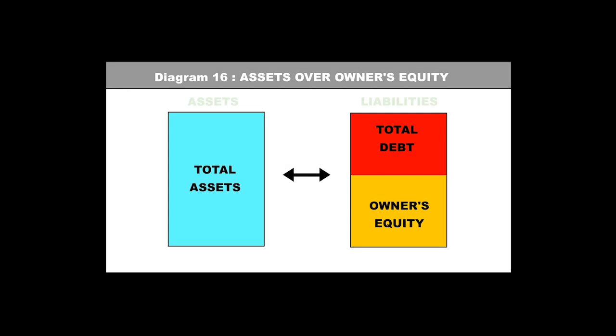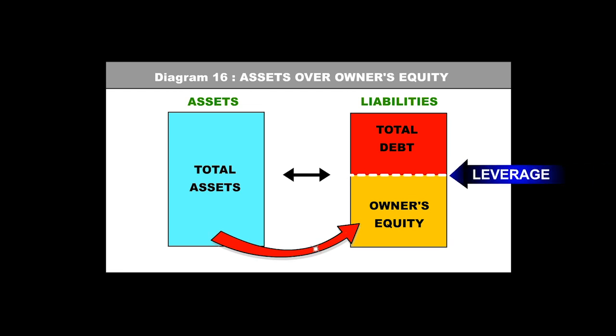Total assets over owner's equity is a measure of how much financial leverage the enterprise has. Total assets equal total debts or liabilities plus owner's equity. Therefore, when total assets is divided by owner's equity, the resulting ratio measures how many times the owner's equity is leveraged by debt.